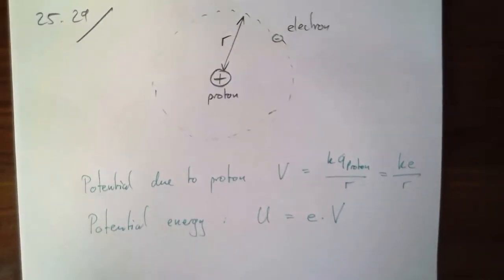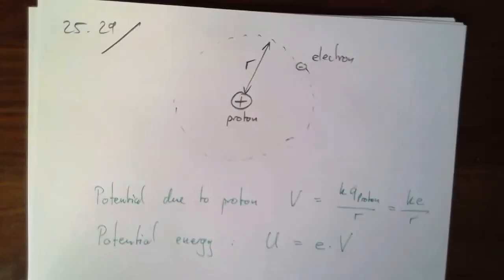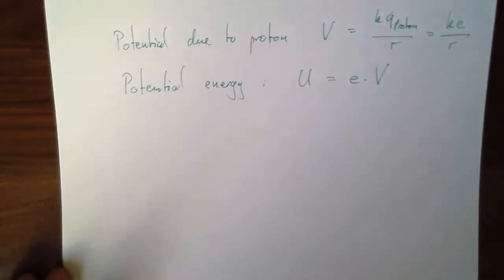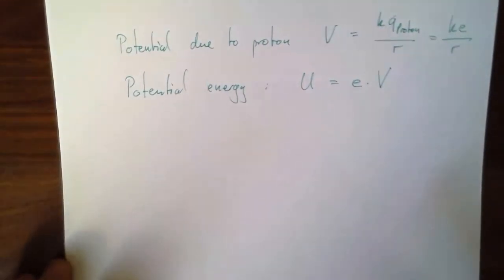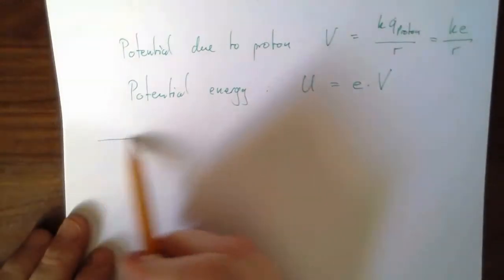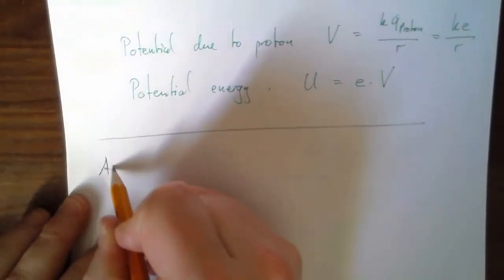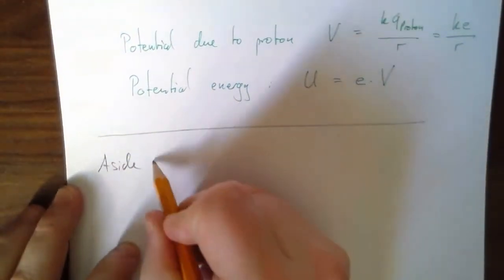I want to show you something that is called the virial theorem. This is going to be a very cute little theorem about potential energy and how it relates to kinetic energy. So, a little aside, it's not going to take us very long, so please bear with me.